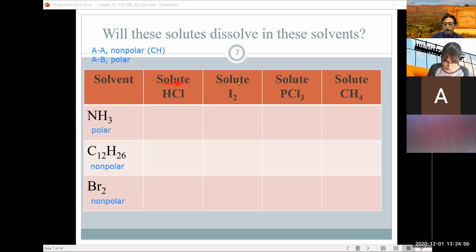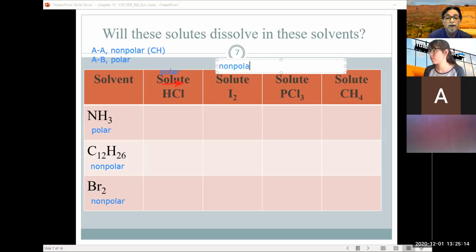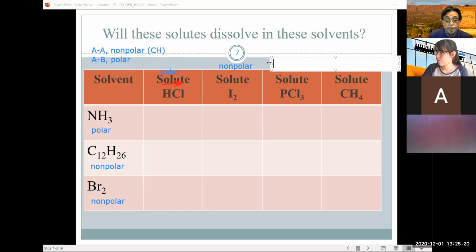Okay, so we have HCl, which is polar. Let me write this out. We determine polar. We have iodine, which is nonpolar. We have PCl3, which is polar.